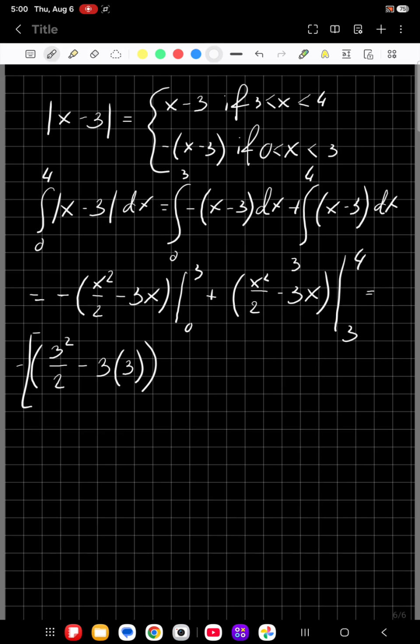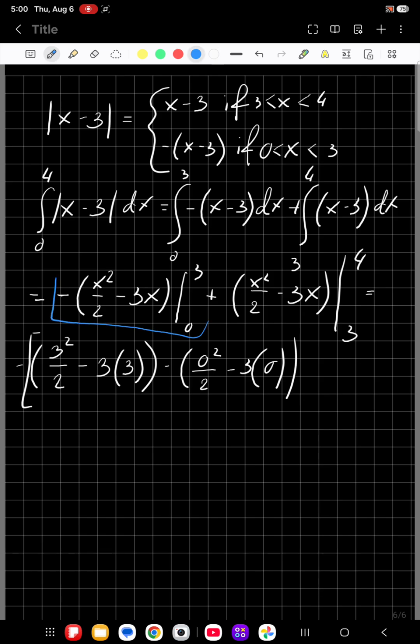This minus is in front of the whole thing. Now I'm plugging in 0: 0 squared over 2 minus 3 times 0, and it's just going to be 0. So that's that first part.